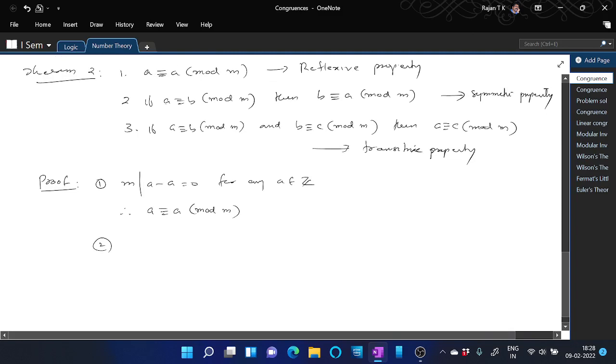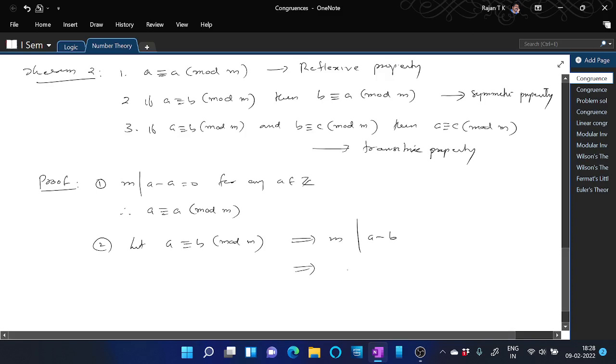Now, the second property, the symmetric property. Assume A is congruent to B mod m. This implies m divides A minus B by the definition of congruence relation.